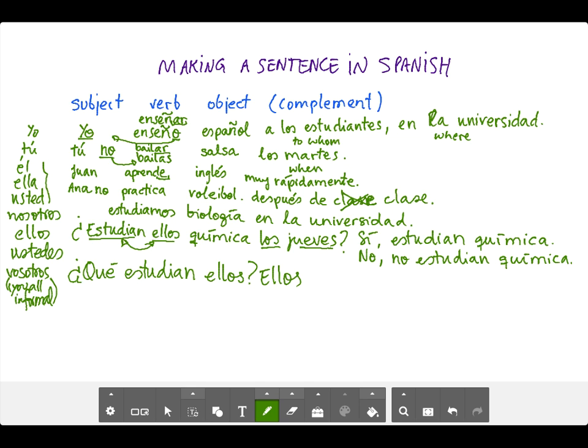You're asking for what they study. So we continue with the subject, verb, object, and then the complement. So in this case, we're asking what they study, so it's asking for the object here. So we have to provide an answer. So ellos estudian, we keep the same. Química.